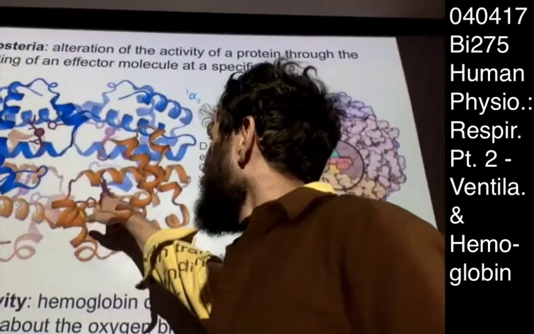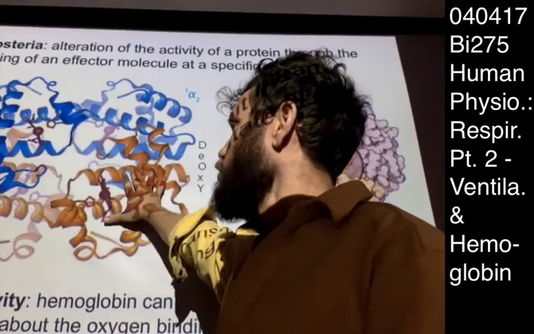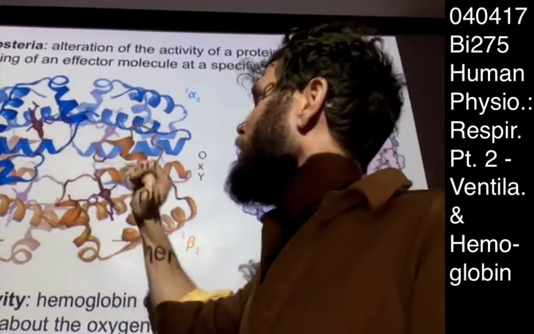So the word cooperativity simply, in terms of hemoglobin, means that hemoglobin can transmit some sort of intramolecular information about whether oxygen is bound to another site elsewhere in the molecule. So because there are 4 subunits, you can see here that here's one porphyrin ring, a second, a third, and a fourth. One hemoglobin molecule can carry 4 oxygens.